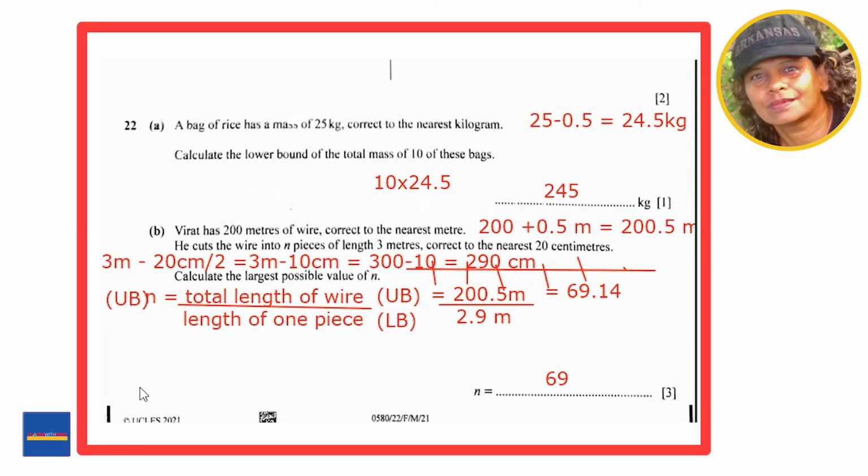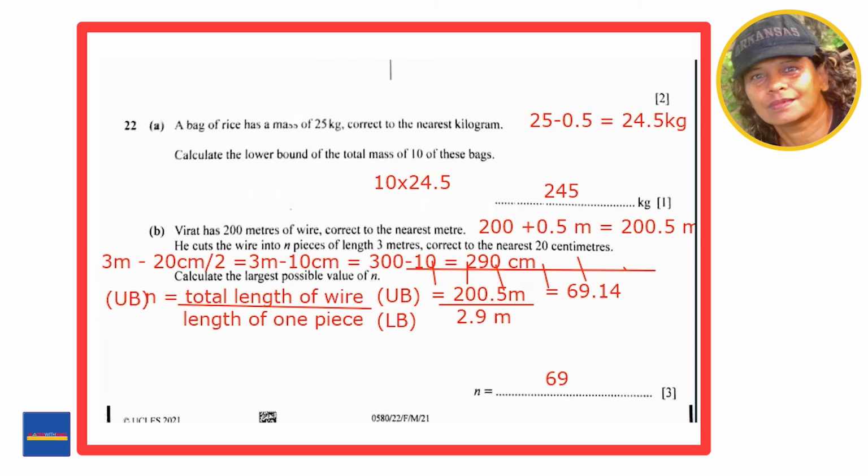So it's 3 meters minus 10 centimeters, which would be 290 centimeters, which we write as 2.9. So upper bound, on top we have 200.5, at the bottom we have 2.9, and we get 69.14. So the largest possible value of n is equal to 69.